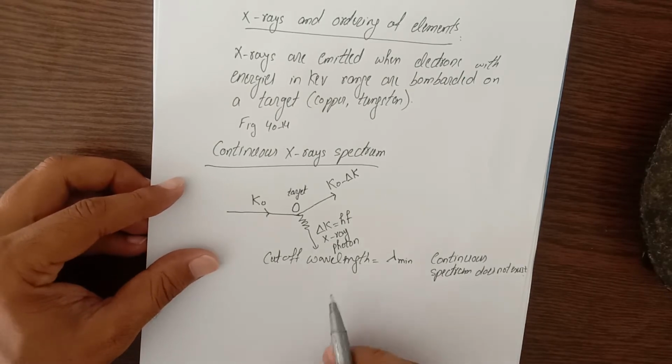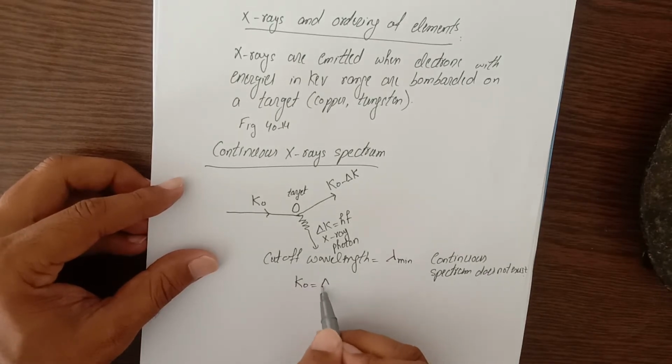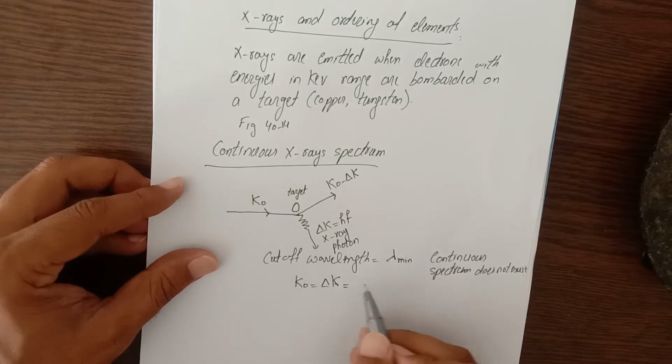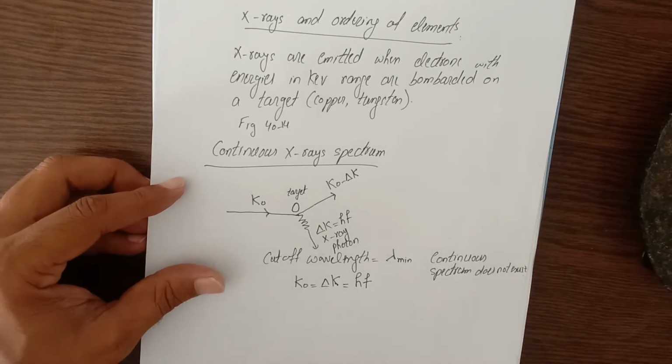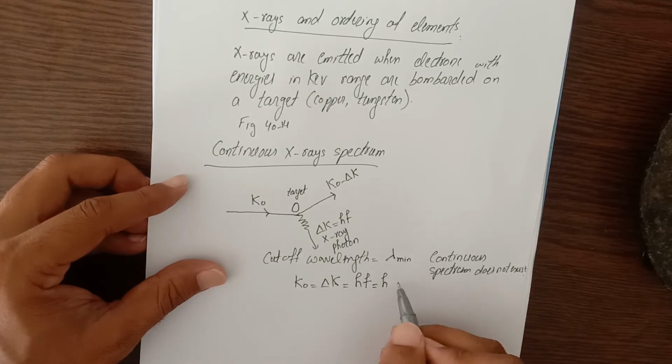In this case K naught equals delta K, as it loses all of its energy, and we know that delta K equals hf, where h is the Planck constant, and f can be written as c by lambda.